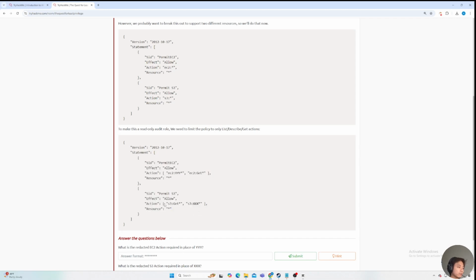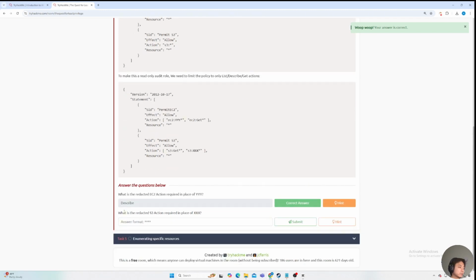And what is the redacted action required for each case? For EC2, again, as I said, it's describe. And then for S3 it's going to be the other two, list and get, right here. So what is the redacted action required in XXX? We already got get right here, so the other one is going to be list.